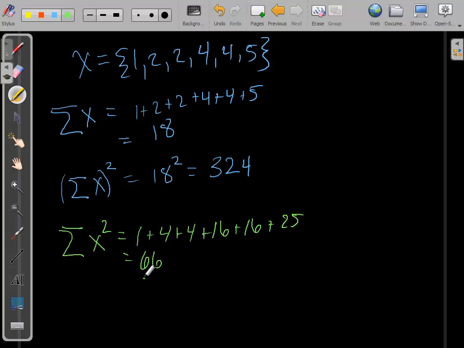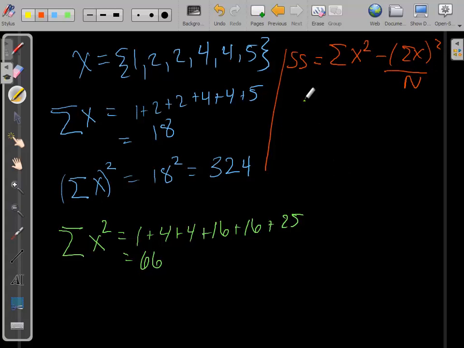Alright, so the way the sum of squares is computed, again using the computational method, I'll sneak it in right here: SS is equal to the sum of the x's squared minus the sum of the x's, squared, over the sample size, this population size. So we get 66 minus 324 over 6.